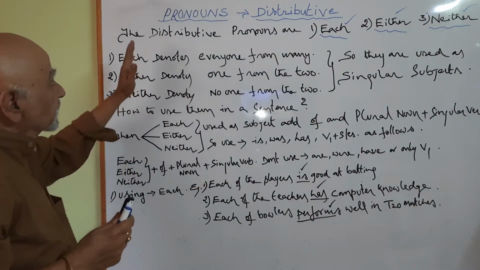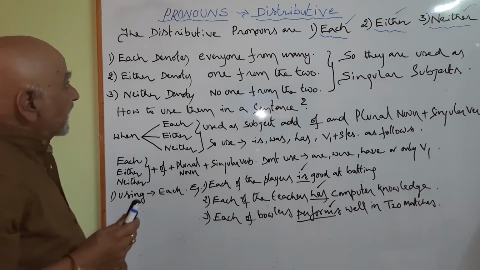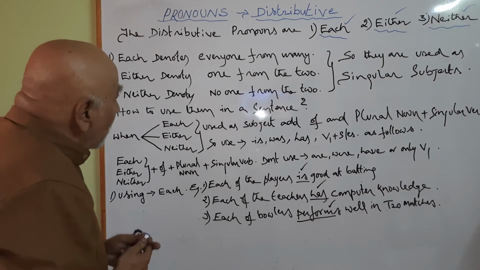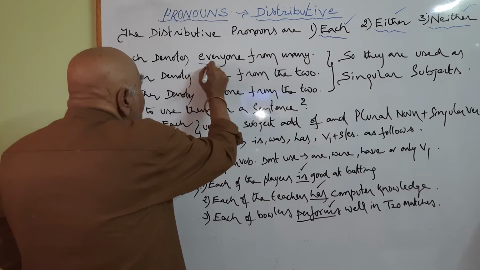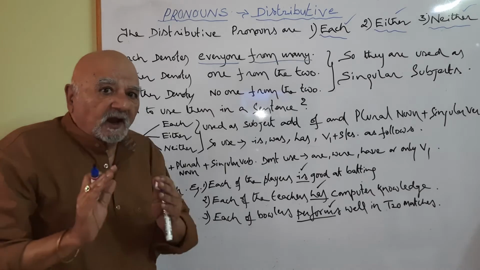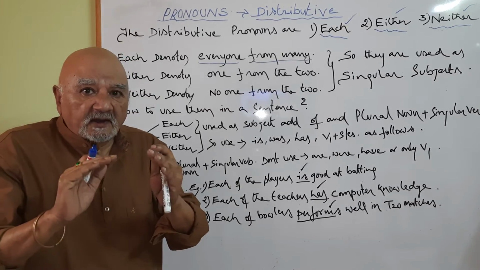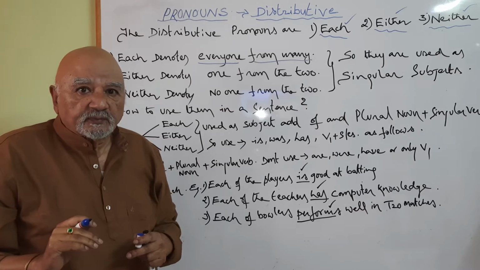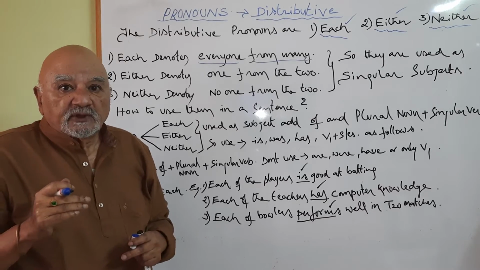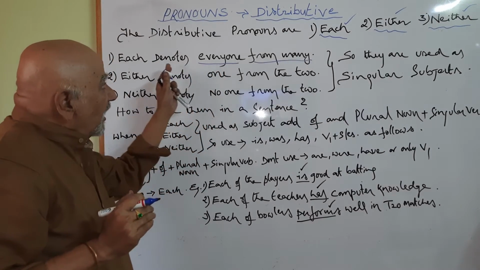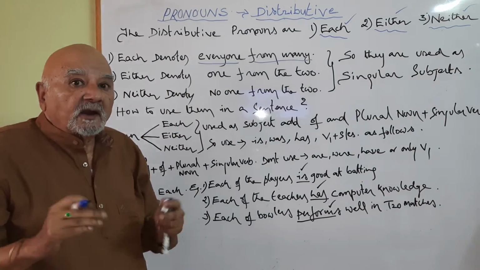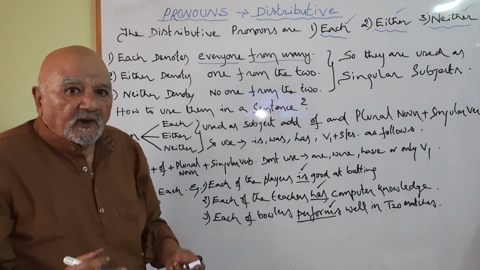Each, either, neither. Each denotes everyone from many. There are 100 students. Each of the students. So, each denotes everyone from how many? 100 or 200 or 5 or 10.